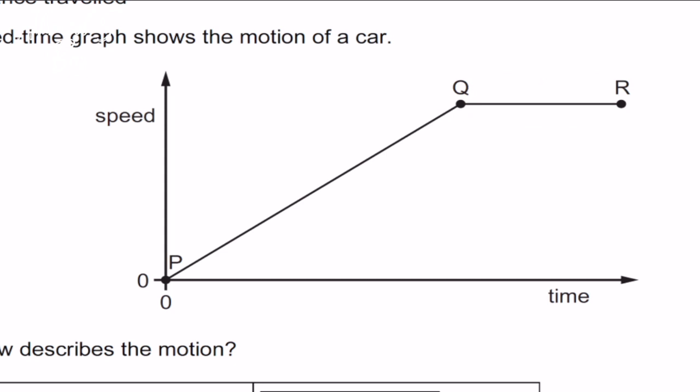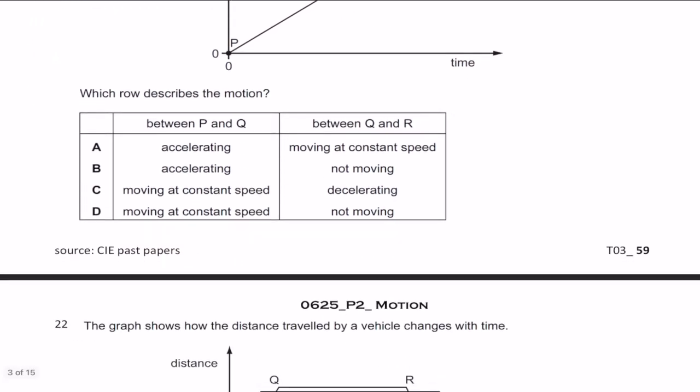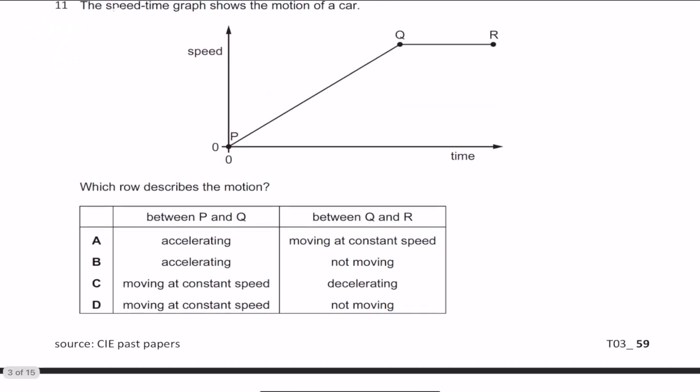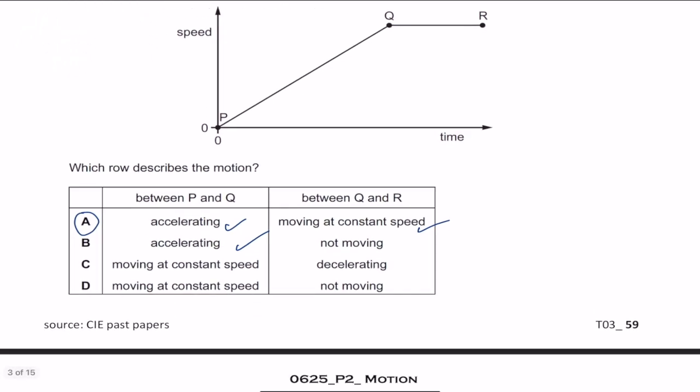I'm gonna choose something related to that. So from P to Q, it's accelerating. Yes, I'm gonna choose accelerating. And between Q and R, the acceleration is 0, or you can say moving with a constant speed. So I could choose A. So the best option here is A.